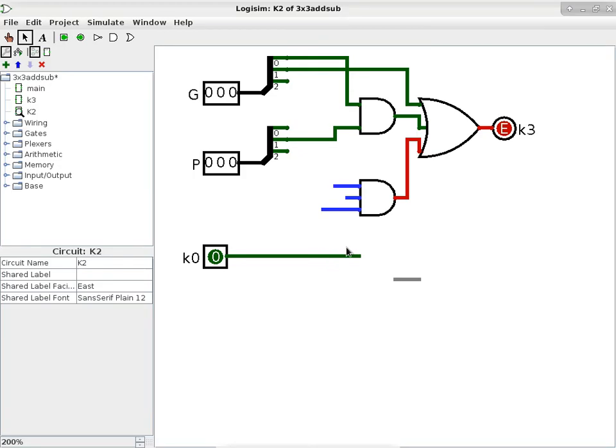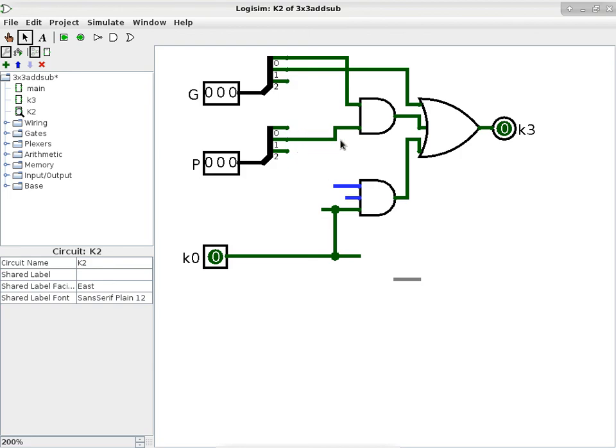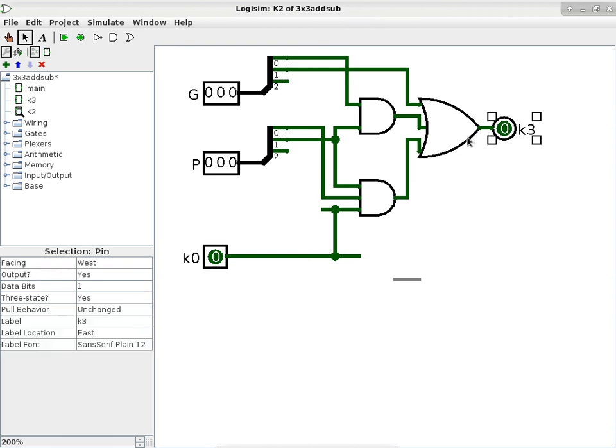So we got K0 and then P0, P1. Cool. And of course, the name of the output pin should change accordingly as well. This is K2. There we go.